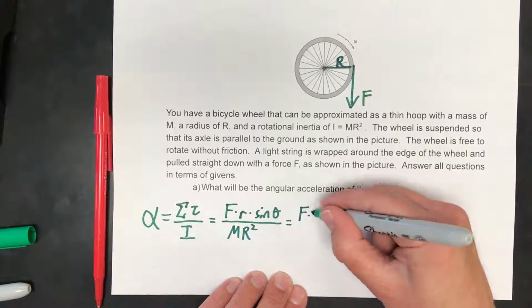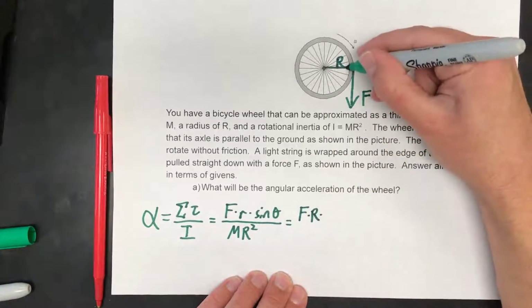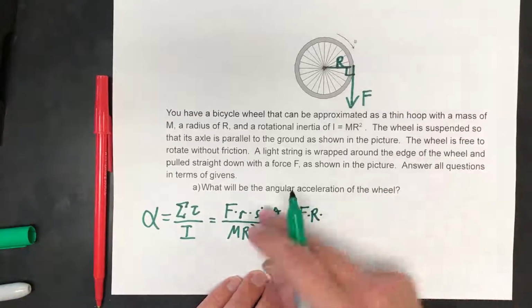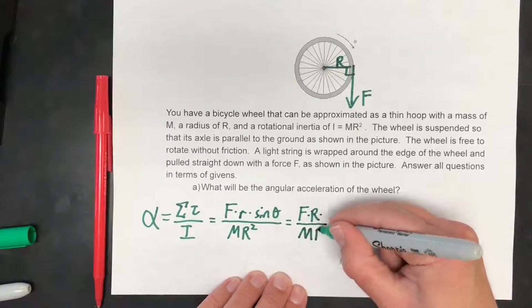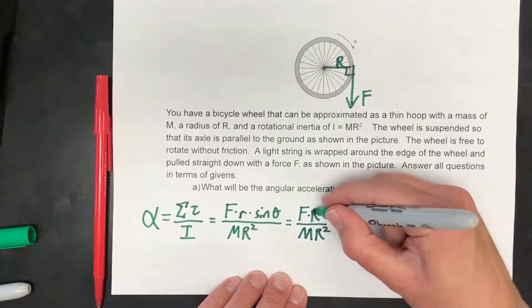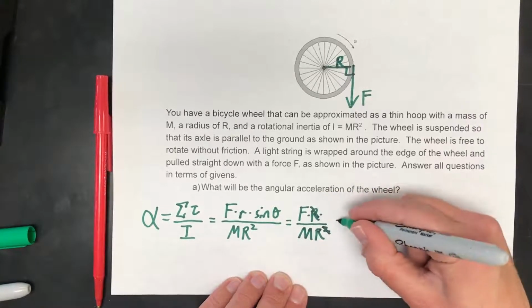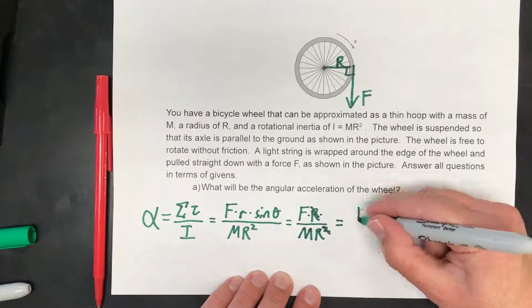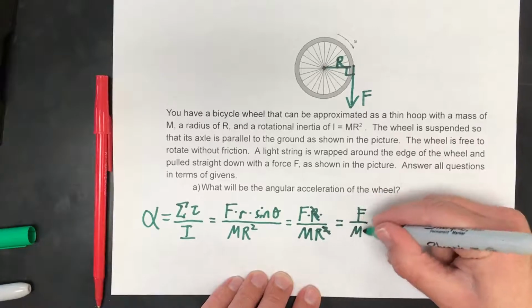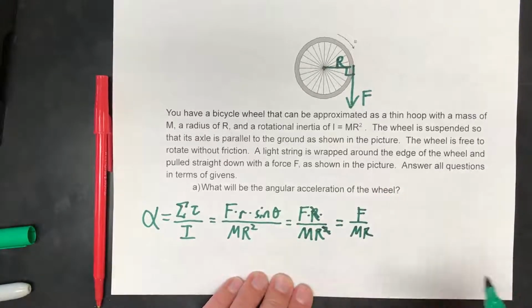So we can say force times lever arm, and the angle between those two is 90, so that whole sine of 90 disappears. And then down here in the bottom, we still have the mr squared, so this r cancels with one of those r's, and we wind up with, in this case, the force over the mass times the radius. Check it and see if it makes sense.